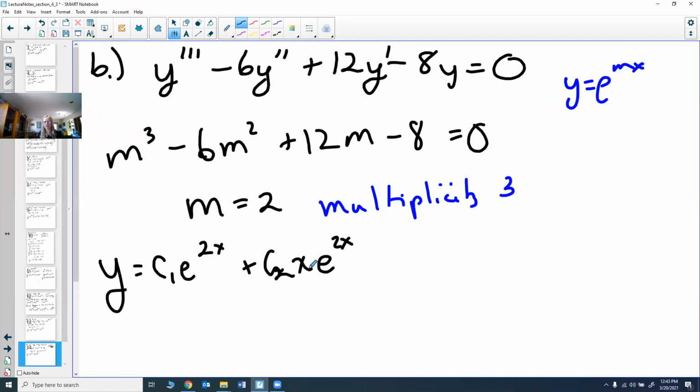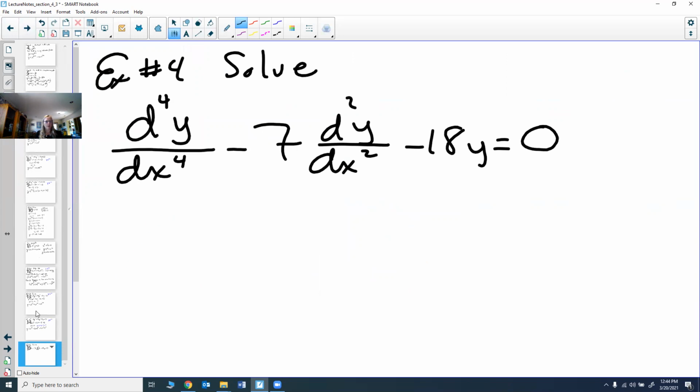So that's where that x comes in. Plus c3 x squared e to the 2x. The power is always going to be 1 less than your multiplicity. If this was multiplicity 3, we have an x squared. If it was multiplicity 4, we go up to x cubed. Notice there are 3 solutions, and this third order differential equation should have 3 solutions.